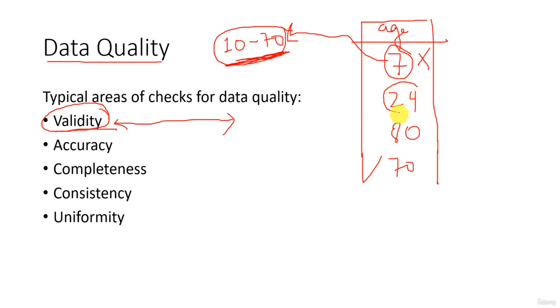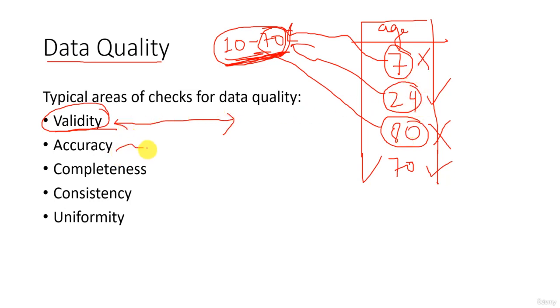Similarly, does the value 24 come within this domain? Yes, it is between 10 and 70, so this is valid data. Does 80 come within this range? No, it is well above 70, so this is again invalid. The value 70 comes under these constraints, so this is valid data. In this way, we can have predefined constraints, and based on these we can define if our data is valid or not.